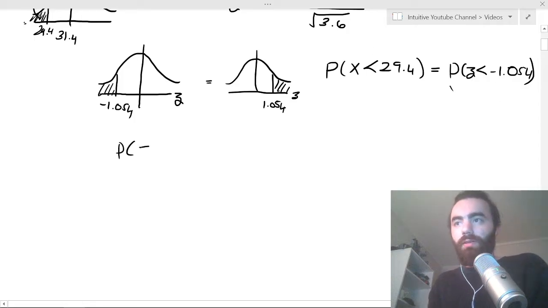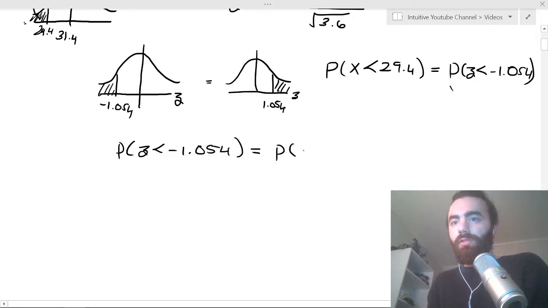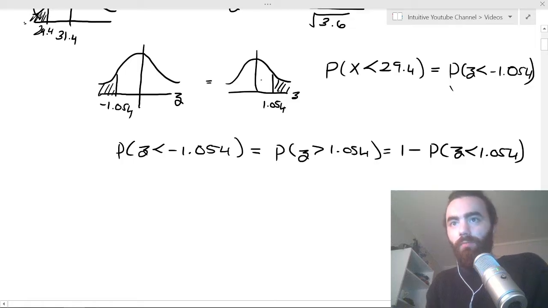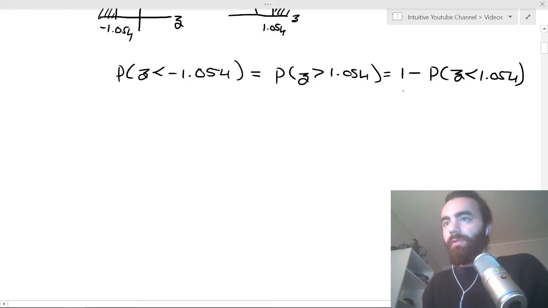Okay, so if we find this, then we can find that. So the probability that z is less than negative 1.054, well, this equals the probability, and I'm going to be super explicit here, z is greater than 1.054, and that is the same as saying 1 minus the probability that z is less than 1.054, right? This area here is 1 minus this area here. And this we can find from the table.